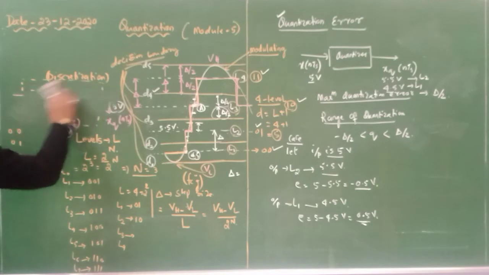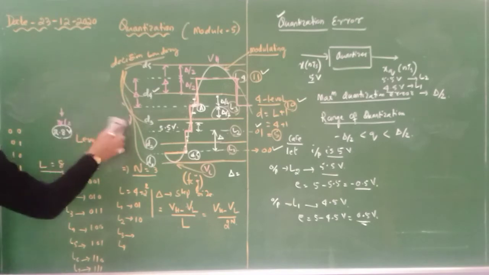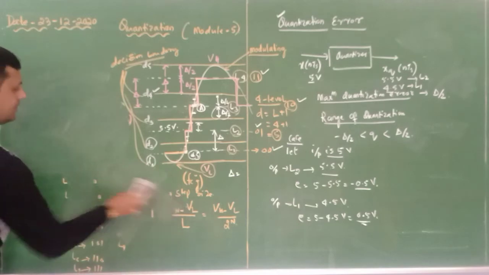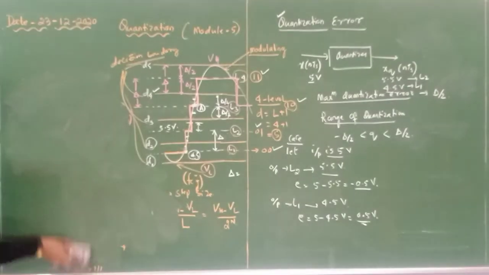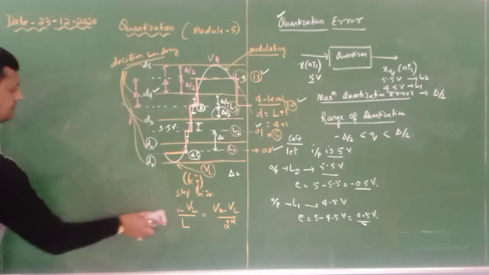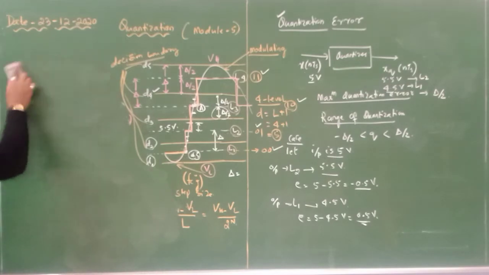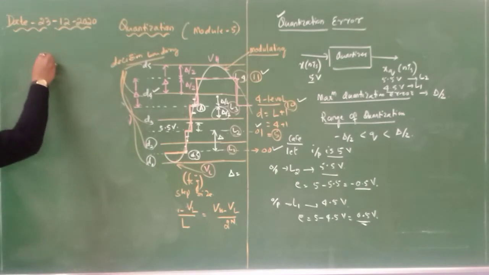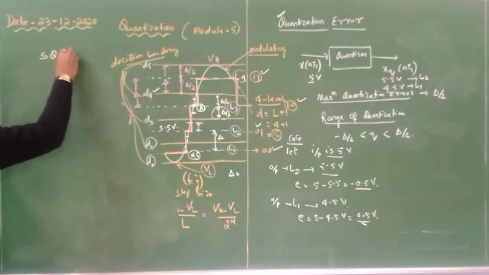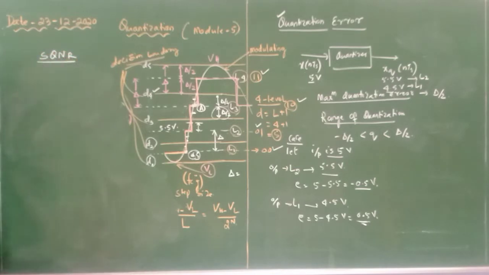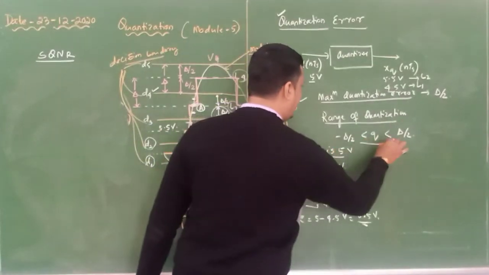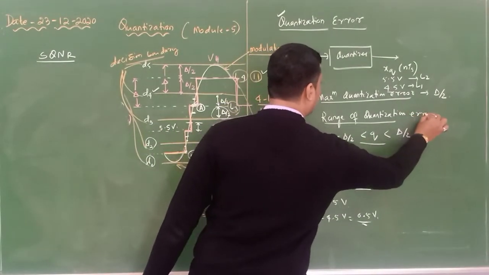Now next, we need to calculate SQNR, that is signal to quantization noise ratio. How to calculate SQNR? We have identified the signal power below, and the quantization error also, and we have identified the range of quantization error.